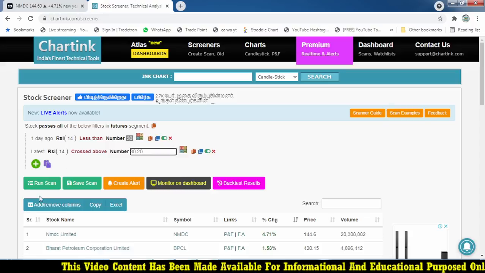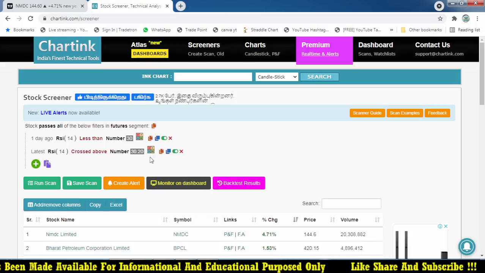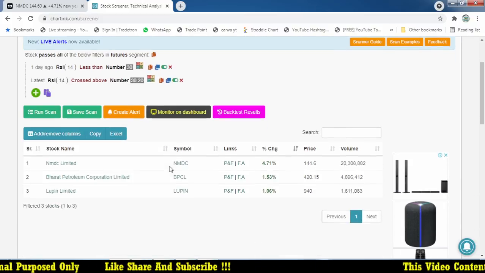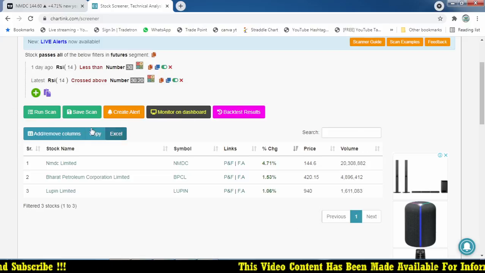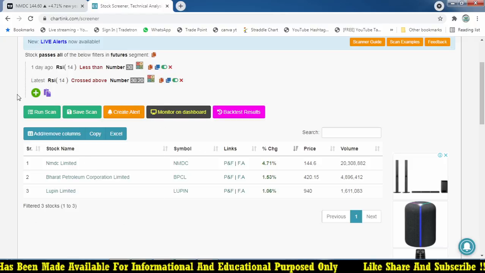So another 2.2 I have the difference, because if it is touching the 30 it must cross above that 30.2. So if you add that, how many stocks crossed that RSI today from the bottom? Previous day should be below 30.